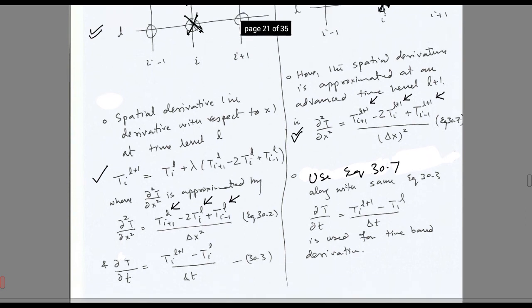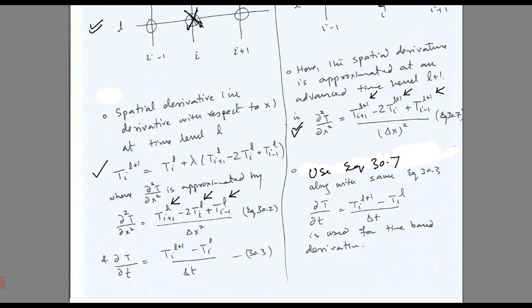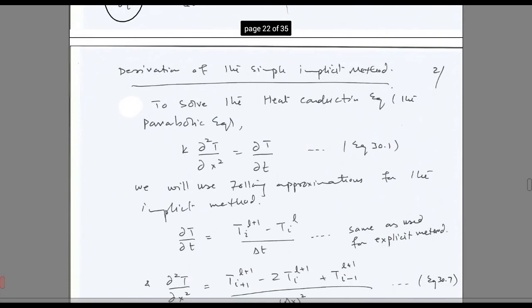Using 30.7 along with 30.3, the previous equation, you see the time derivative, this one and this one are the same. They are using the same formula, but the formula for the space derivative is different for both methods. So this is the derivation of the simple implicit method.